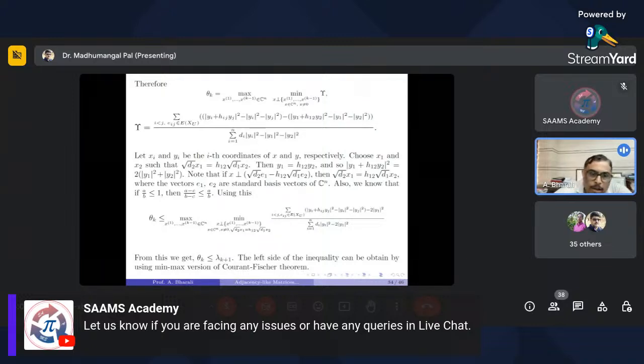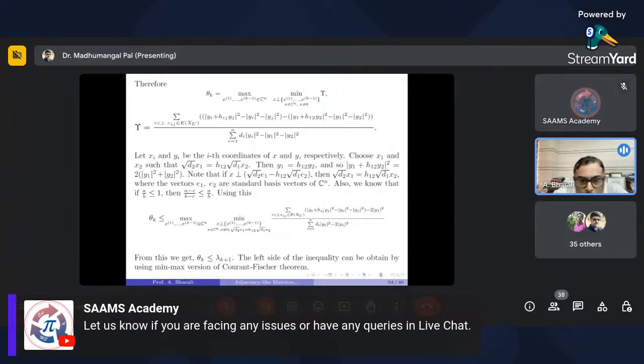So here you can see that this particular result, square root of d2 x1 equal to h12 square root of d1 x2, is actually being translated to an orthogonal condition. So what is the orthogonal condition? The condition is that x will be perpendicular to this vector. So this is a modification of the standard vector. E1 is basically 1 in the first place and 0 elsewhere.